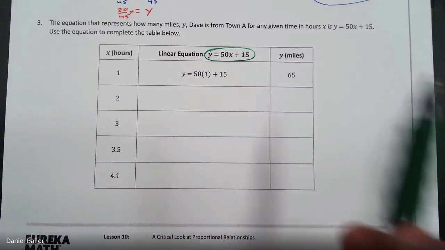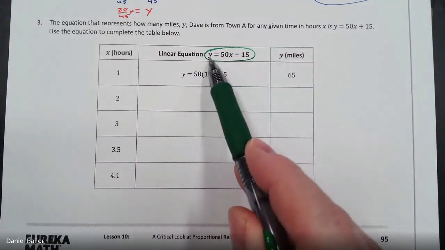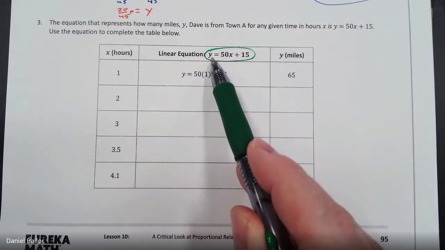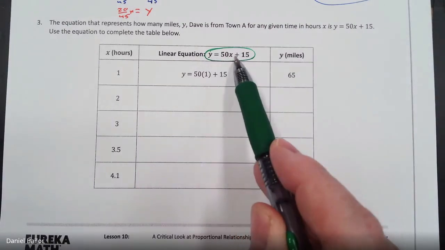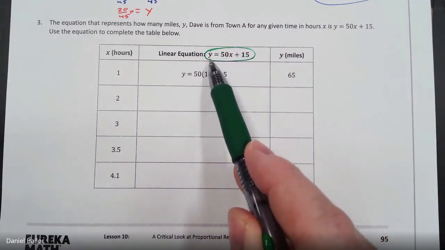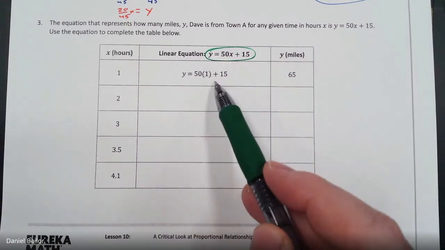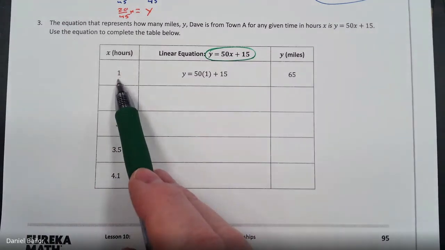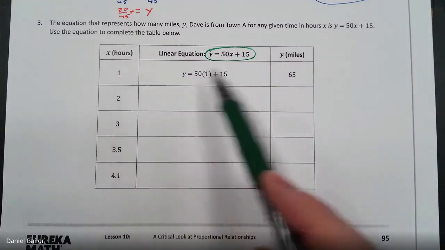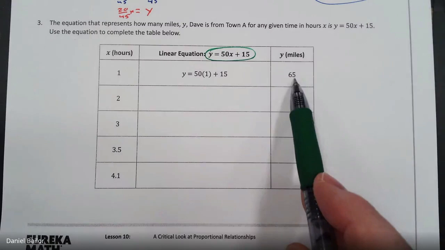So this equation tells me how many miles, y, Dave is away from town for any hours x. So x is time, y is distance. And we can use this equation. So in 1 hour, Dave is 65 miles away from town.